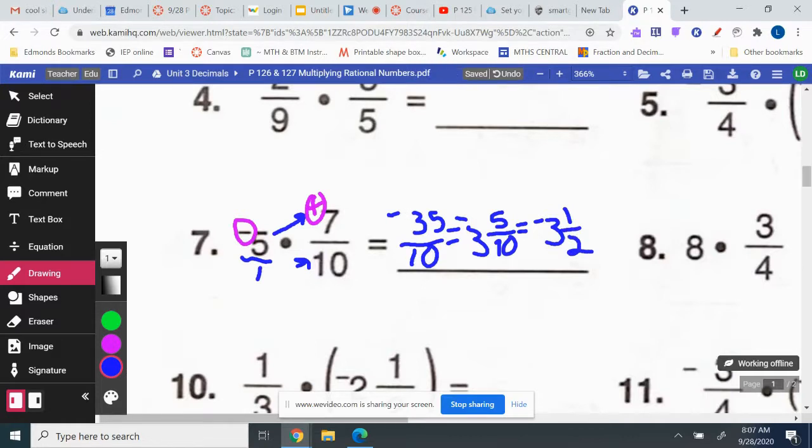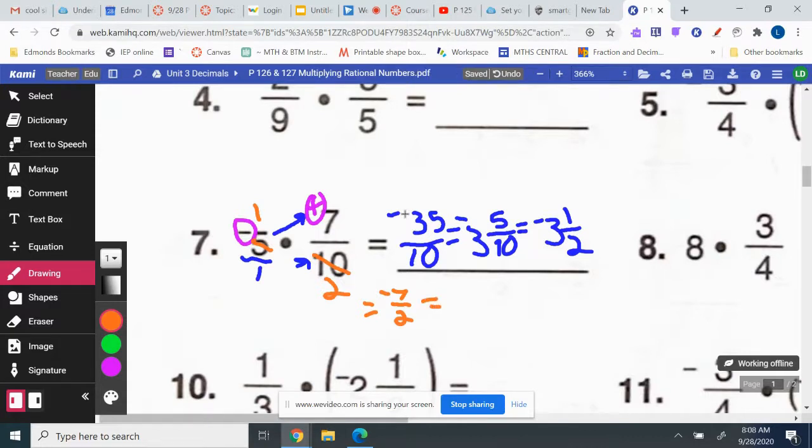I'm going to show you another way that we could have done that. So we're going to start right there, and I'm going to use orange. You can reduce your fractions beforehand. I know that 5 goes into 10 really easily. 5 goes into 5 one time, and 5 goes into 10 2 times. So now when I multiply straight across, I get 7 over 2, and it's still negative because the sign is negative.